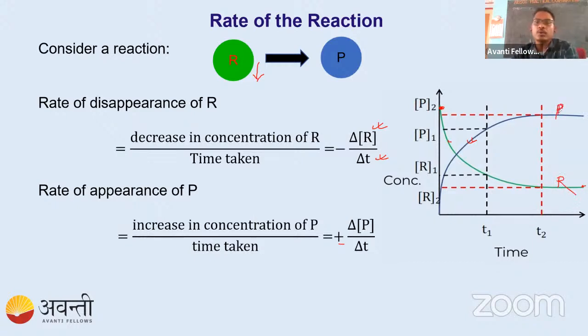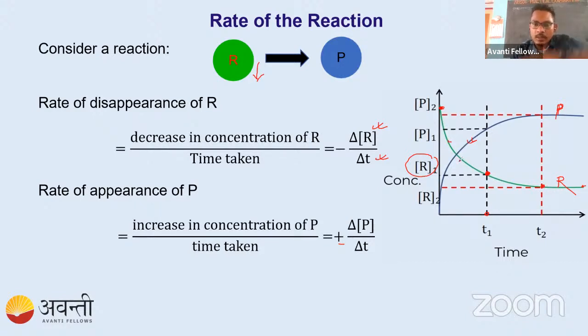Suppose this is our reactant R. At T1, its value is R1. This y-axis is concentration, and the x-axis is time. P is for product, R is for reactant. At T1 the reactant value is R1, and at T2 it is R2. You can see its value is decreasing.